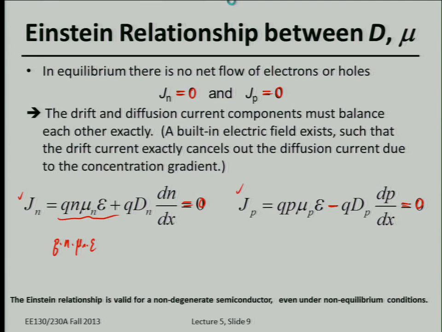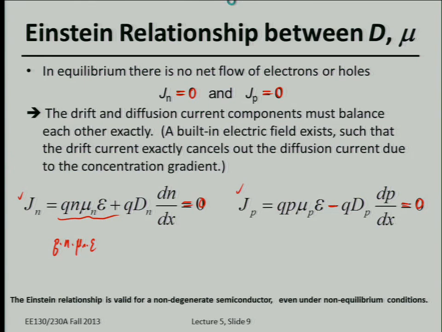Okay, so I think I'm gonna write here. Q times n times mu n times the built-in electric field, as you can see in your notes on the last slide.